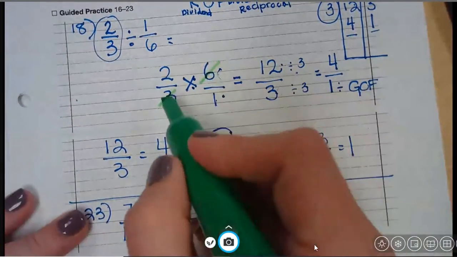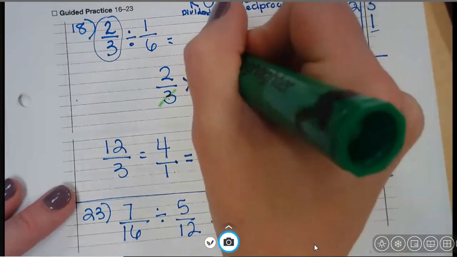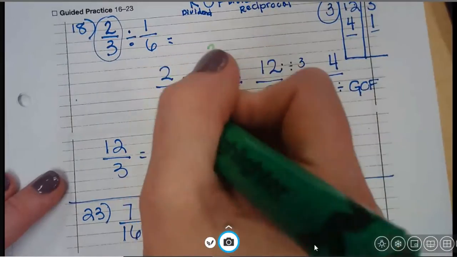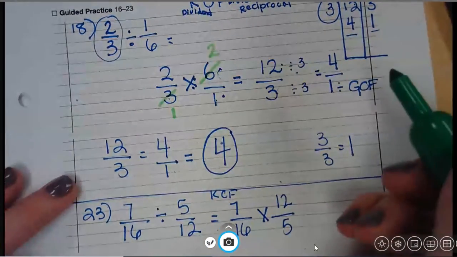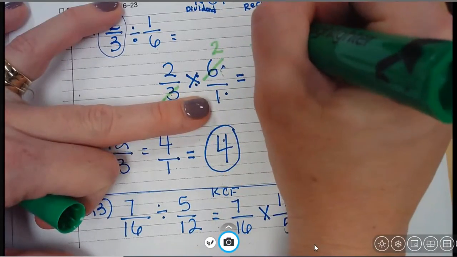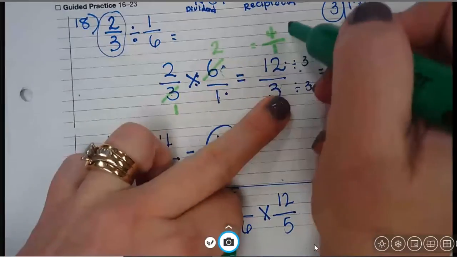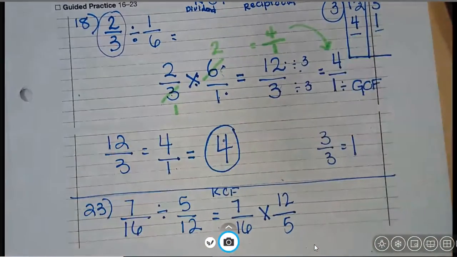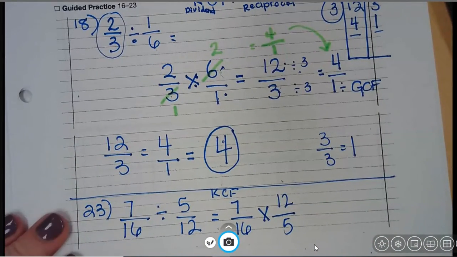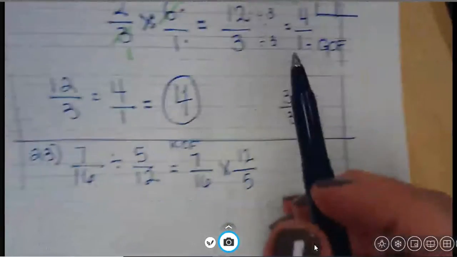So 6 and 3 can both divide by each other. 6 divided by 3 is 2, and 3 divided by 3 is 1. Then I would multiply across and have 2 times 2 equals 4, and 1 times 1 is 1, which is my same answer as I had there.